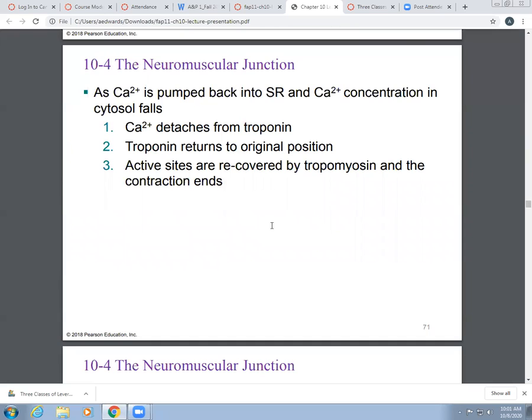Then the active sites on the actin get covered again by tropomyosin, and then your contraction is over. So there's again some homeostasis, because theoretically you really don't want that contraction to go on forever. That's like a bad cramp. But if you're able to get rid of your calcium, then you're able to end the contraction.